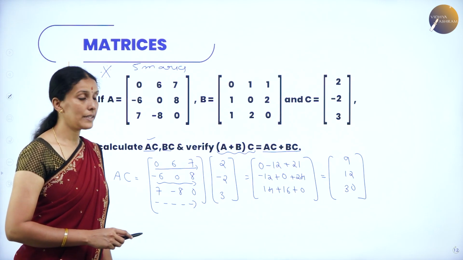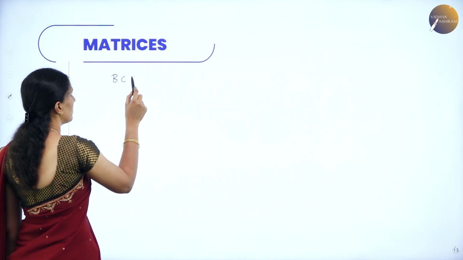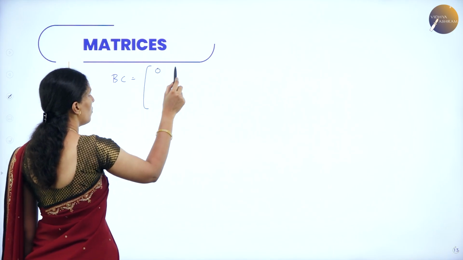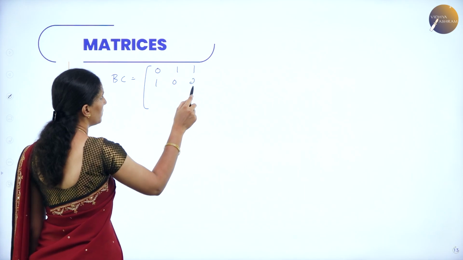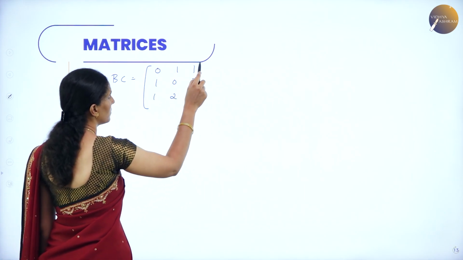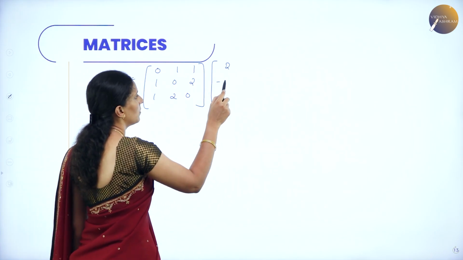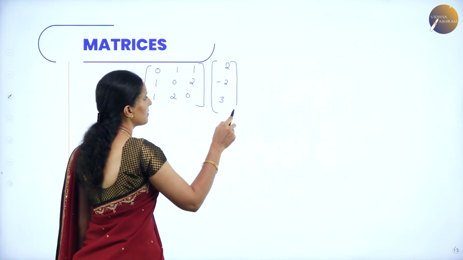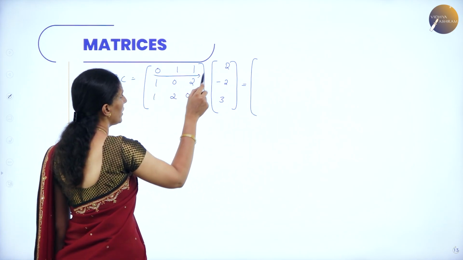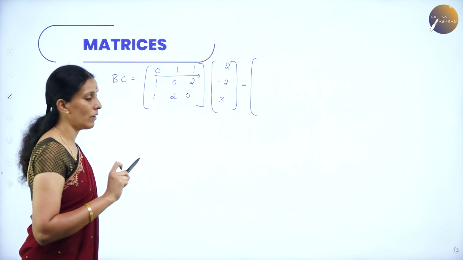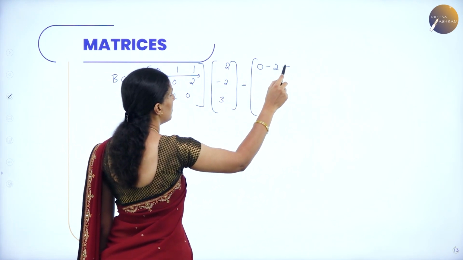Now let's calculate BC. Let's write BC now. B into C. So what is B? 0, 1, 1, 1, 0, 2, 1, 2, 0. Let's see C. 2, minus 2, 3. Let's multiply this. So here also we have first row into first column. Only one single column we will get here. So 0 2s are 0, minus 2 plus 3.